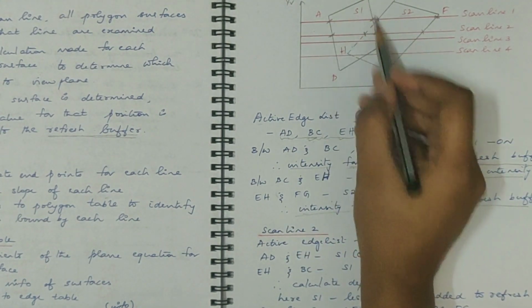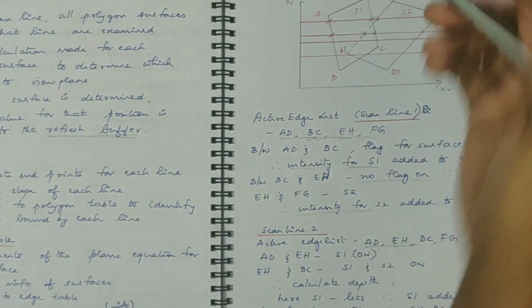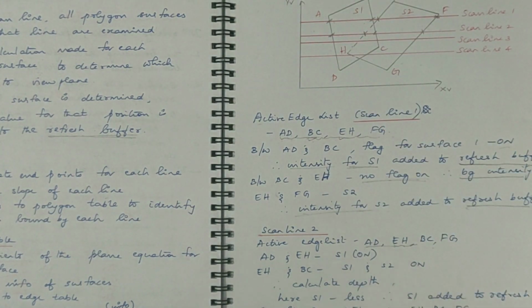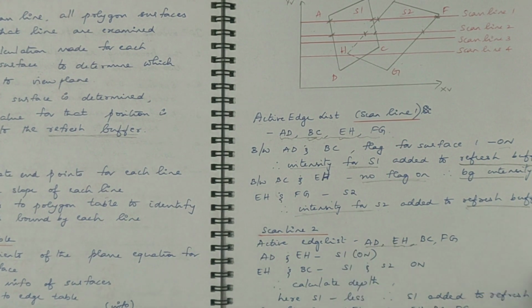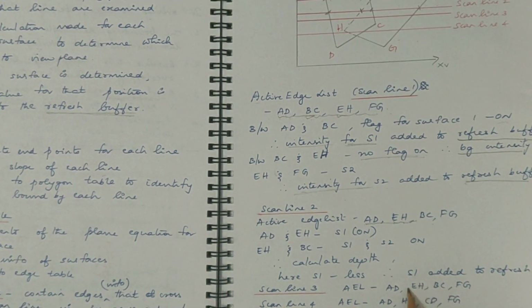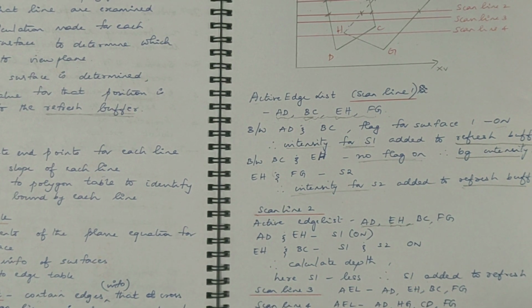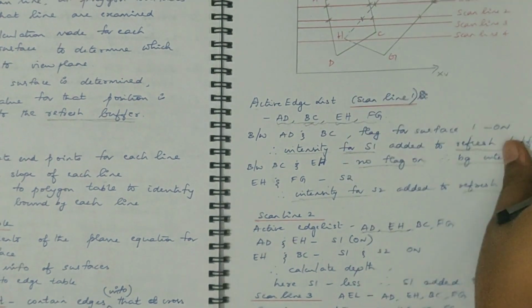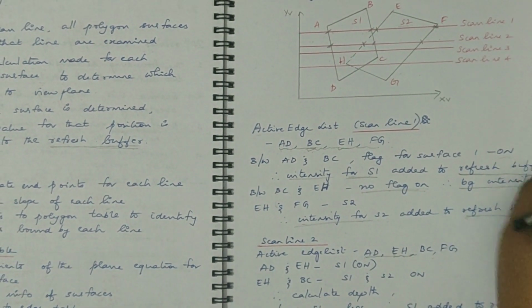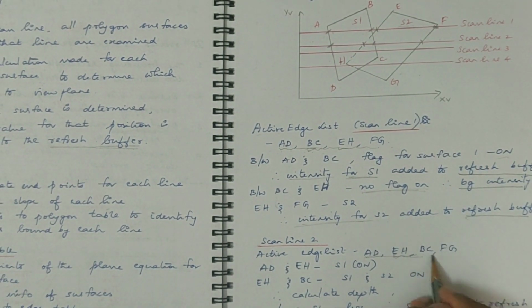Here we assume that S1 is near to the view plane and S2 is behind. Since S1 is near, the depth information for S1 will be added to the refresh buffer between EH and BC.